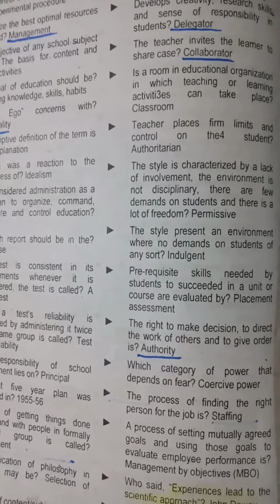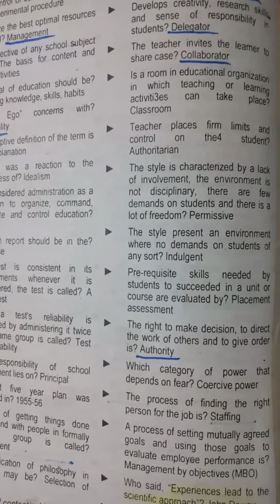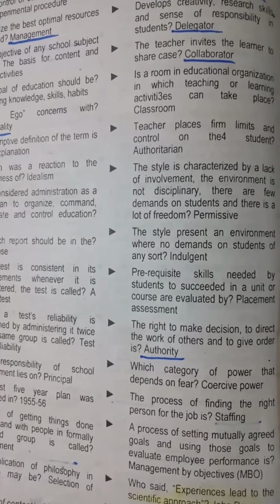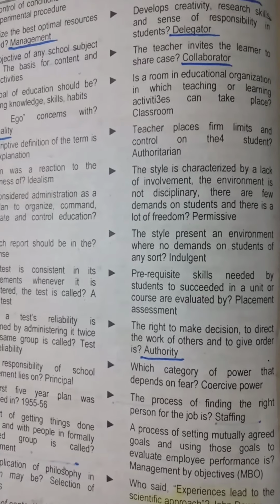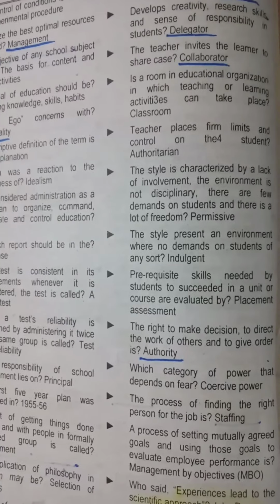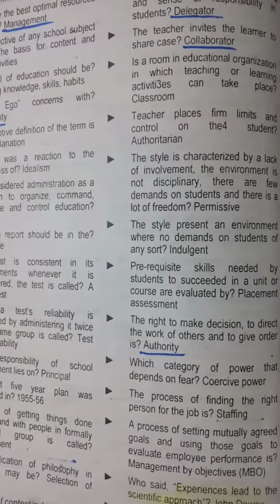Permissive. The style presents an environment where no demands on student of any sort. Indulgent. Prerequisite skills needed by student to succeed in a unit or course are evaluated by placement assessment.